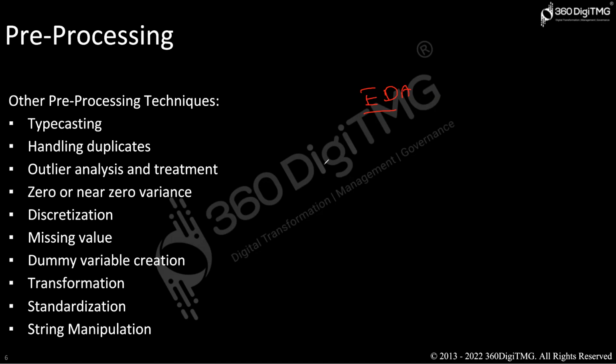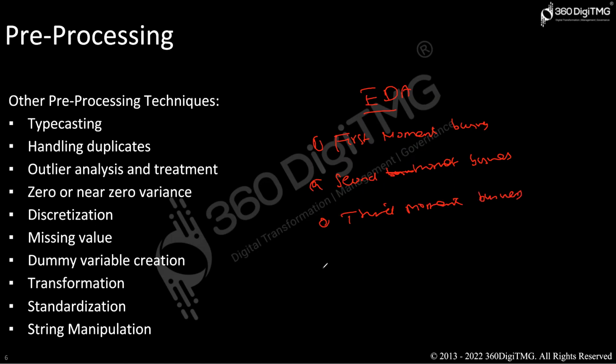In EDA there are four stages: first moment business decision, second moment business decision, third moment business decision, and fourth moment business decision.